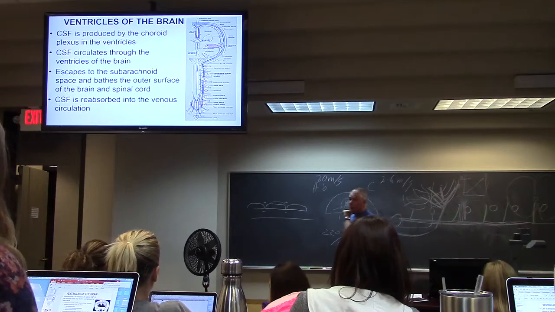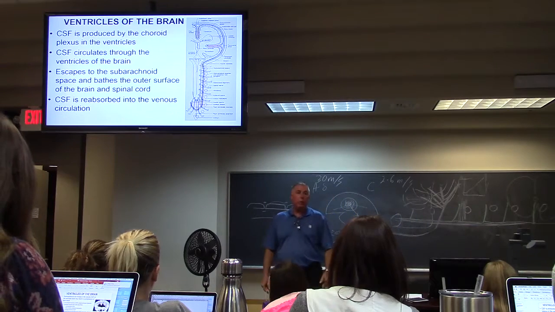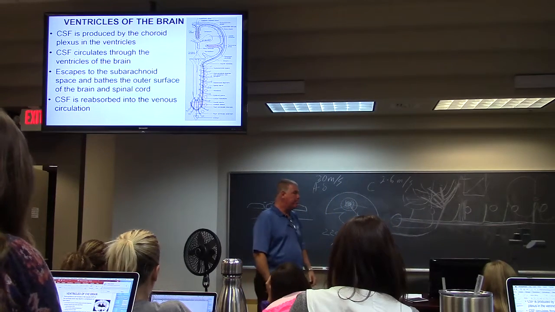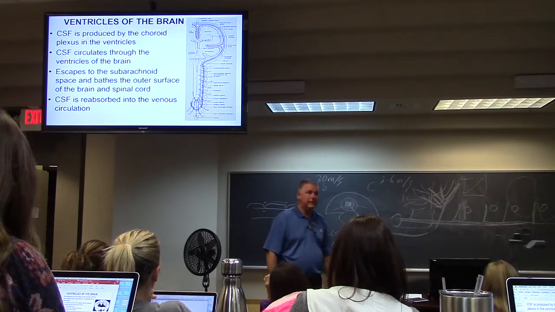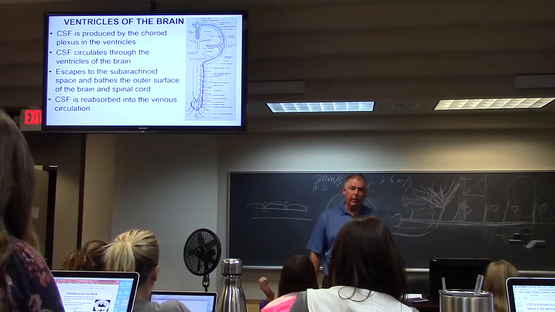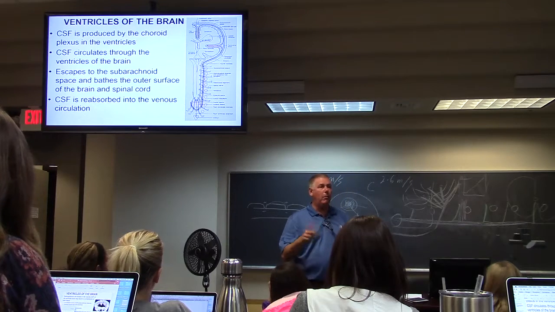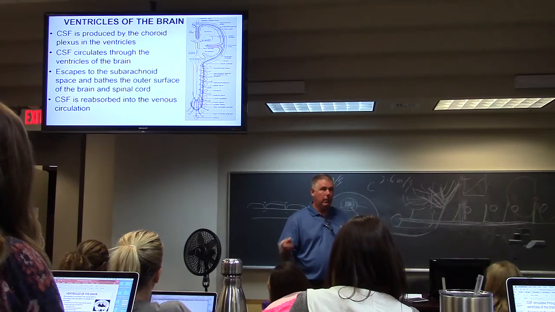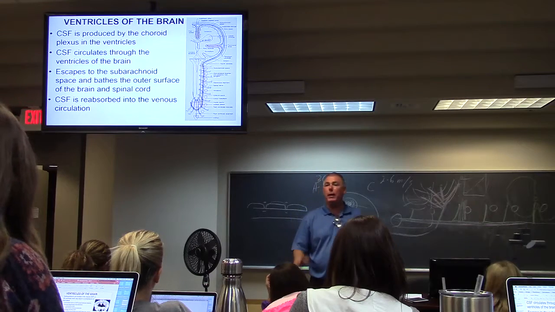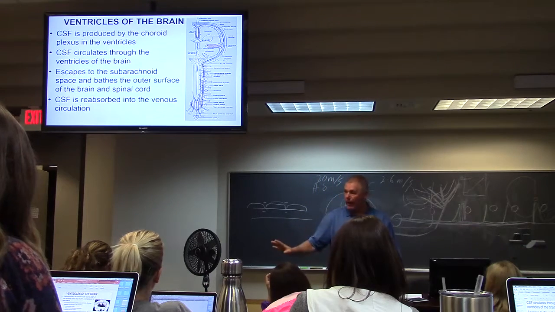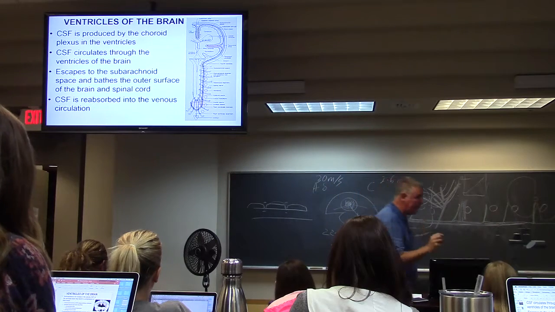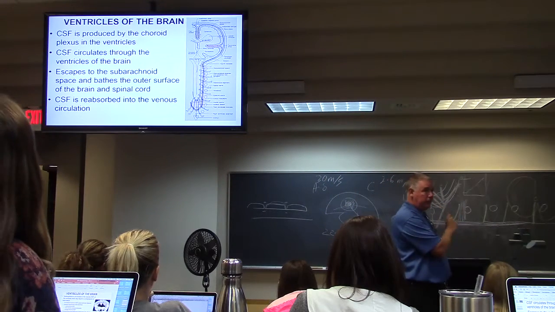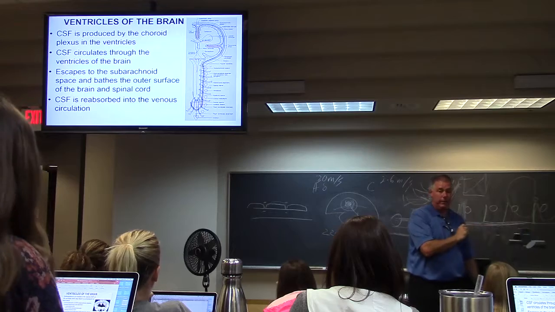It becomes relevant in a disorder called syringomyelia. Don't get freaked out. I'm going to say it again when we talk about the spinal cord, so don't even write it down now. Okay? But that central canal containing CSF is not to be discounted. Okay?